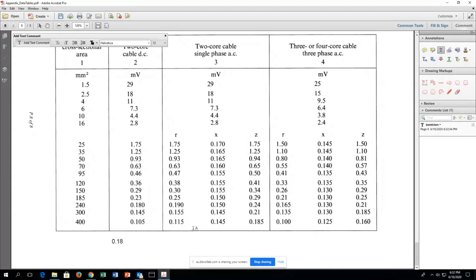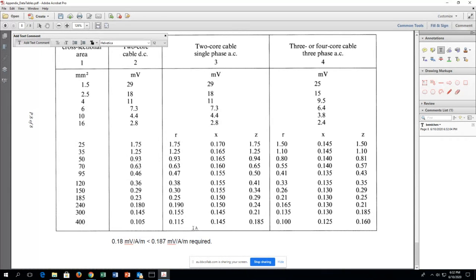So 0.18 millivolts per ampere per meter is smaller than the 0.187 millivolts per ampere per meter required.